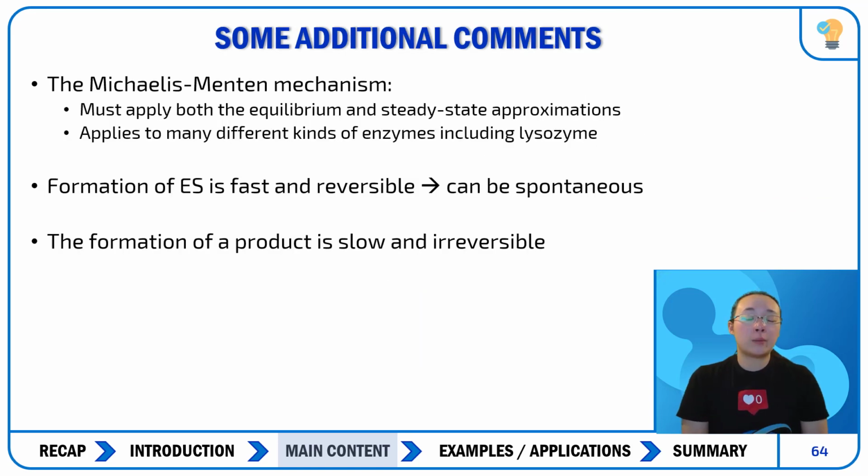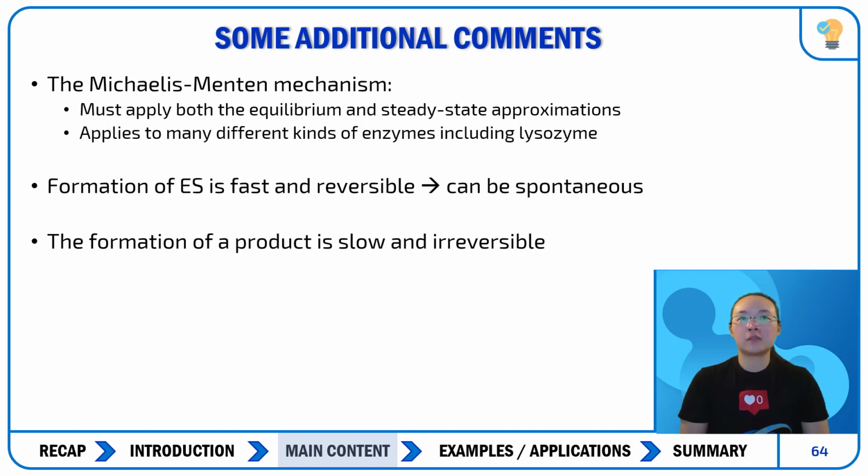So some additional comments I want to present to wrap this up. The Michaelis-Menten mechanism must apply both equilibrium and steady state approximations. So for an assignment question, I might ask you to re-explain the equilibrium and steady state approximations in your own words so that you can try and discuss why it's required.